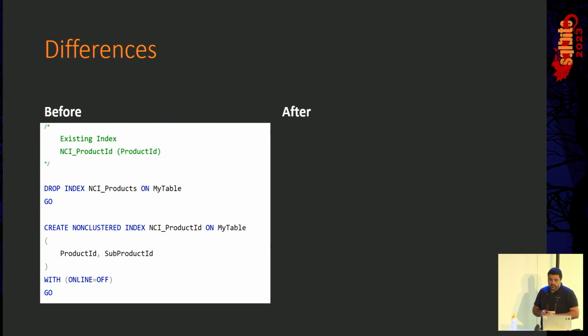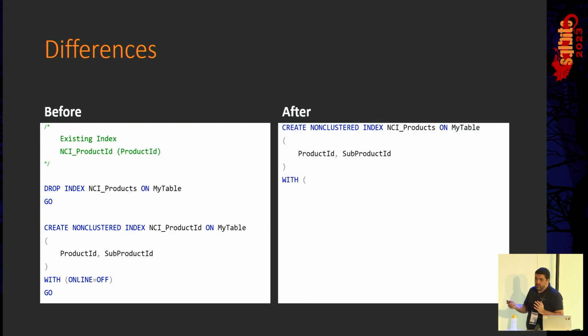So the after, and this is a suggestion based on what we have been talking about right now, would be keeping the same index name. In this case, let's assume that we had just product ID and now we have also the sub-product ID, and use drop existing on, meaning I'm not dropping first and creating after and creating the problem that we saw.